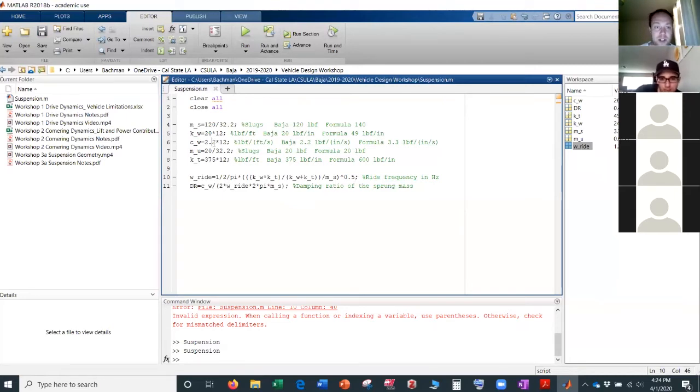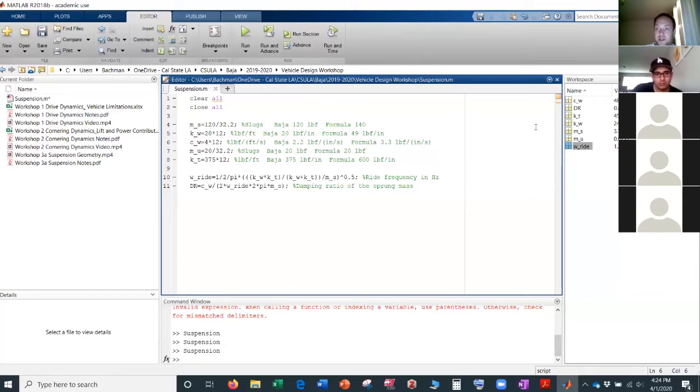So our damping ratio is a little low, so let's bring this up to about 4. All right, so this is not bad. Our damping ratio is about 0.8. Our ride frequency is about 1.2. So that all seems okay.